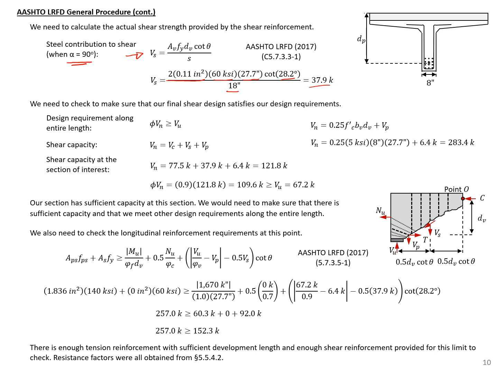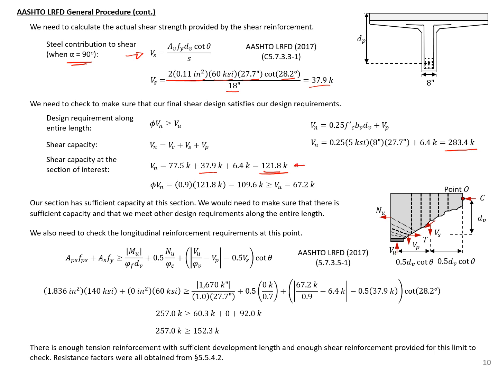We can add this to our Vc and Vp components to get our total nominal shear resistance of 121.8 kips. We need to compare this value to the limit equation to prevent crushing of the concrete over our support. And we can see the limit here is 283.4 kips, so we're less than that, so this is the value that we'll use.